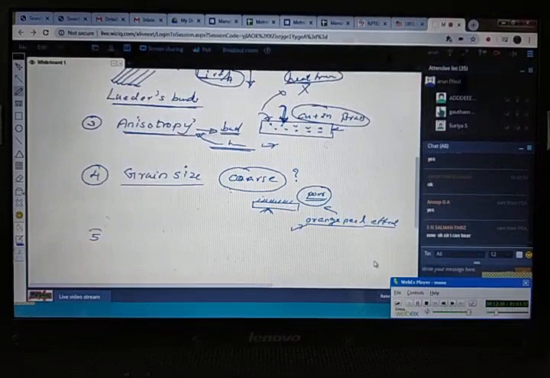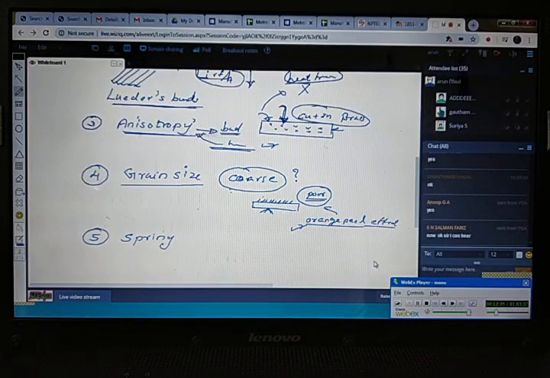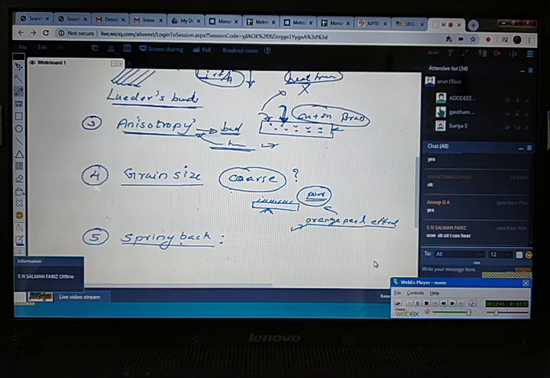Next, the fifth one is the spring back. Okay. So what generates a spring back? See, that is when this sheet metal is subjected to bending, it will bend to a particular dimension, but it quickly tries to regain its original shape.